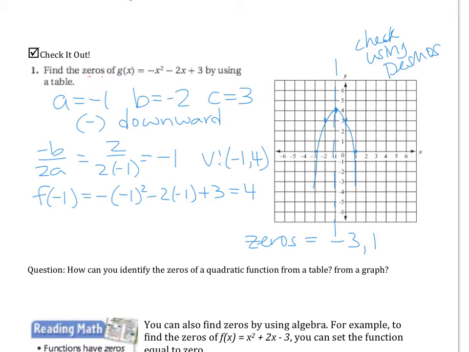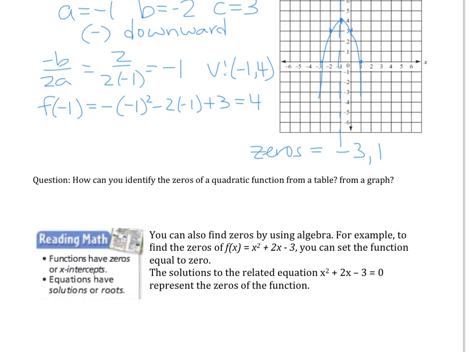So if you graph this longhand like you should have, it's upward, and you find that your zeros are negative 3 and 1.